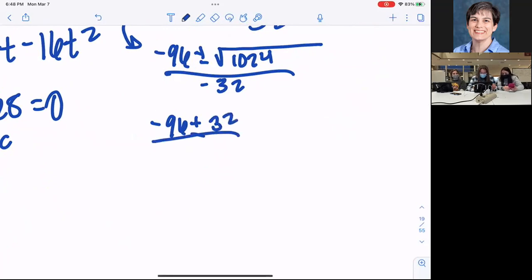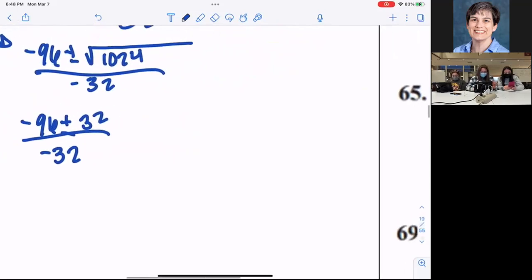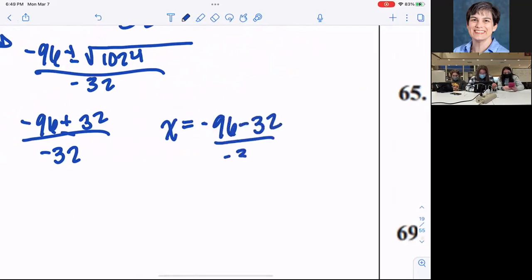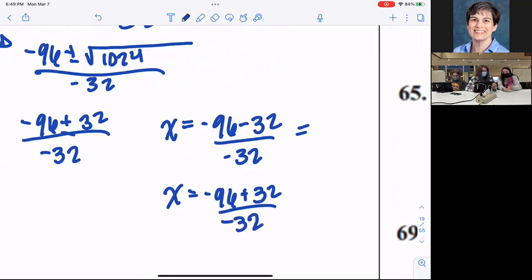32 over negative 32. So my solutions here are going to be, we have to still solve them. They're going to be negative 96 minus 32 over negative 32, and negative 96 plus 32 over negative 32. Okay. So this one is going to be 4, and this one will be 2.